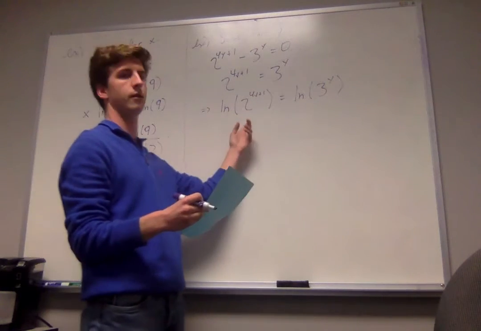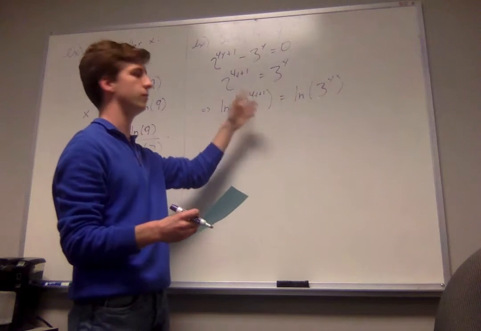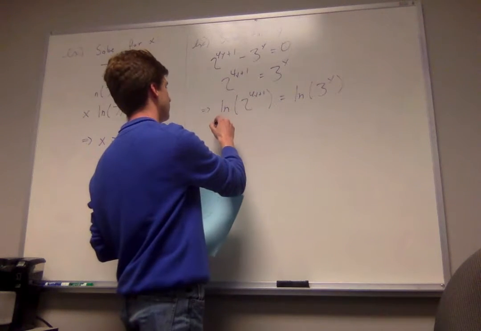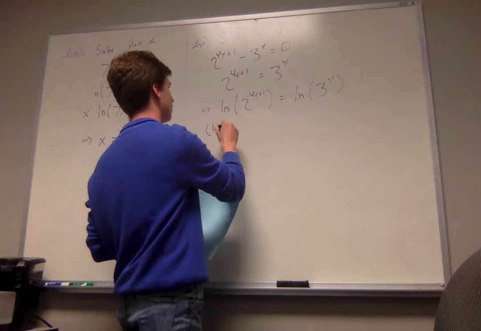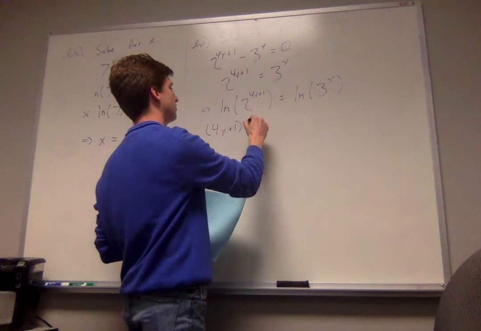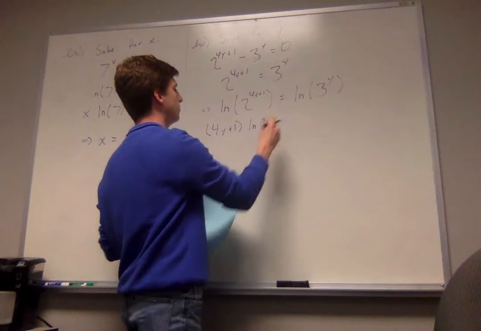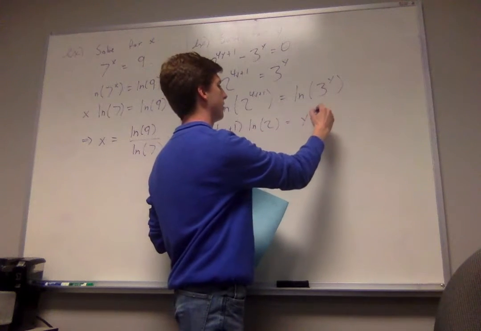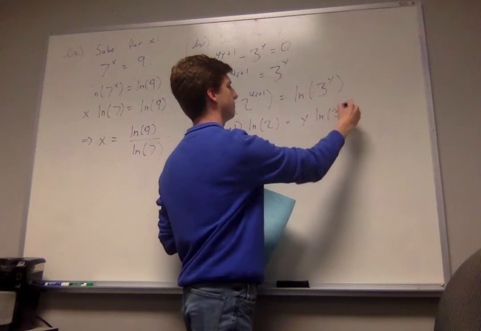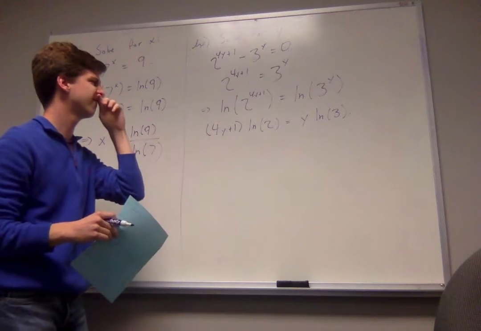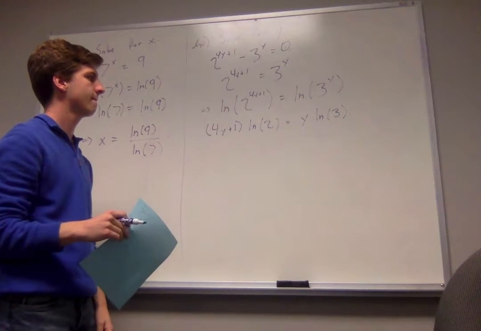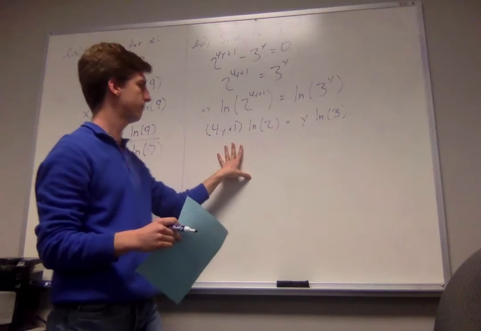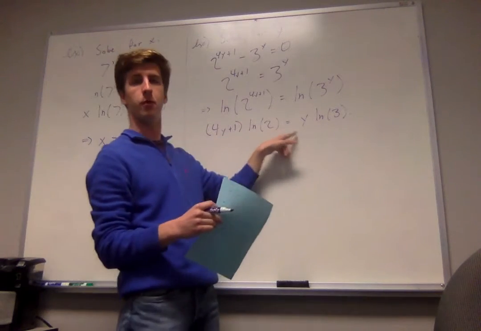So when you have a base to a power inside a log, you can move the exponent out in front. So we get that 4y plus 1 times log of 2 is all that's left in here, equals y times natural log of 3. So now we have to solve this equation for y, but we have y in both sides of the equation.